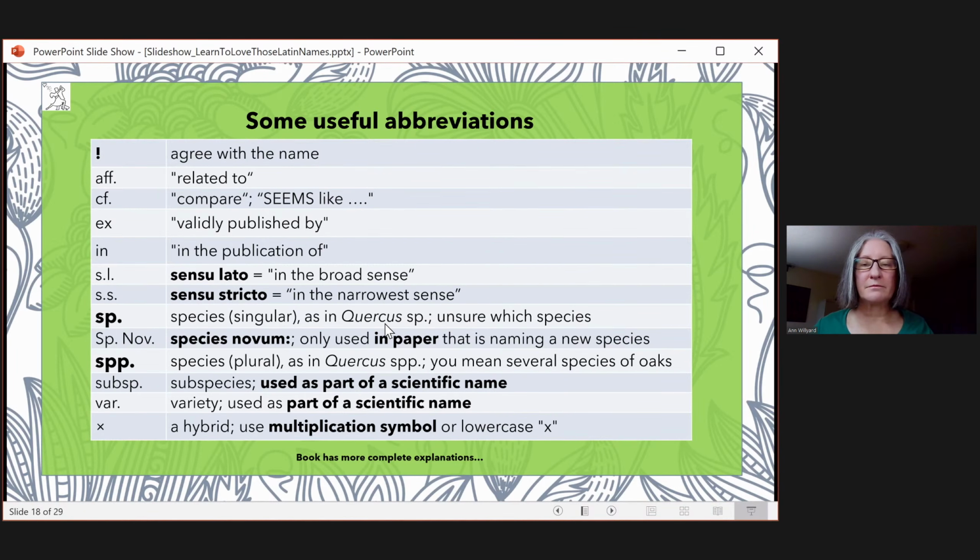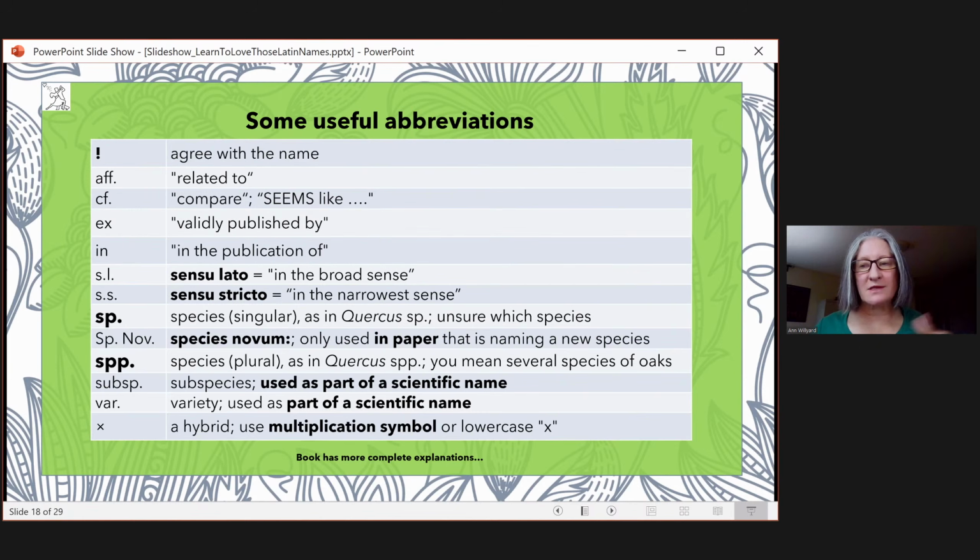Unfortunately, the word species has an S at the end, but it is both singular and plural. The way you make a plural abbreviation of species is SPP. Makes no sense to English speakers whatsoever, but that's the rule in Latin for other types of words as well. So if I were to write or read Quercus spp., I would know that the author meant several species of oak. I don't know which ones they are.